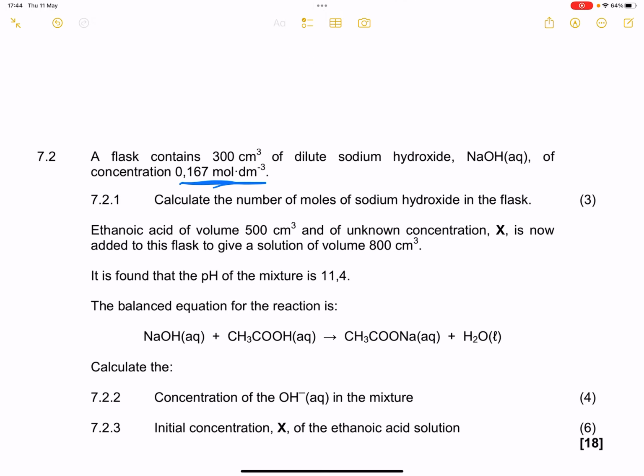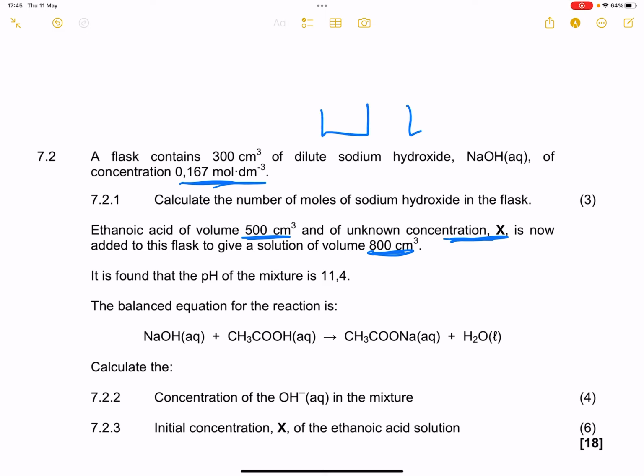Let's go on to the next question. They say ethanoic acid with a volume of 500 cubic centimeters, and an unknown concentration X, is now added to the flask to give a solution of 800 cubic centimeters. Of course, it makes sense.